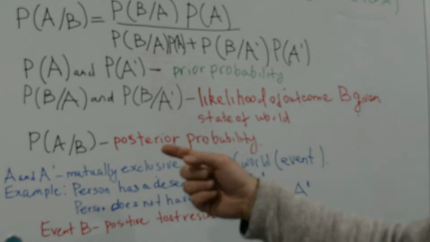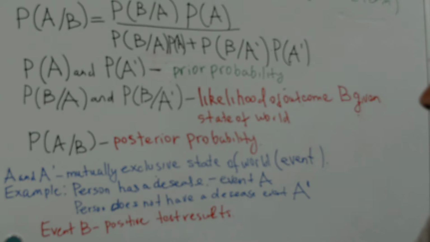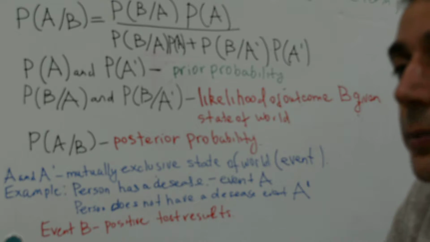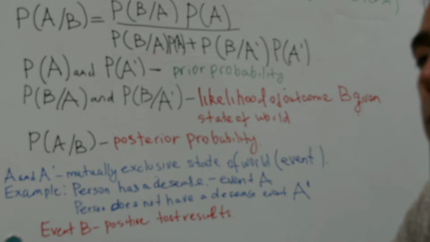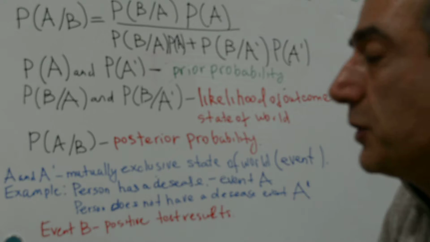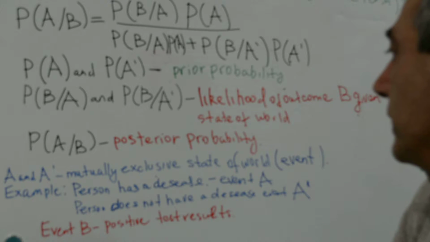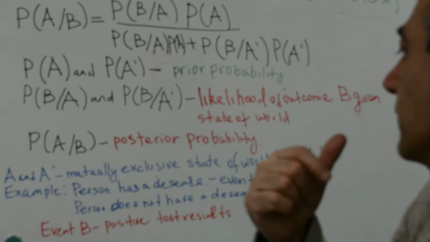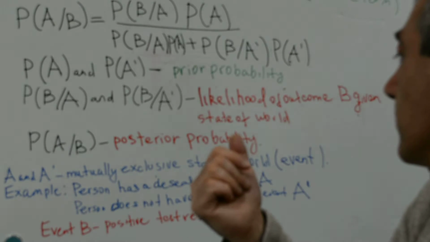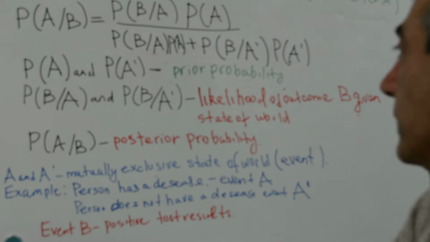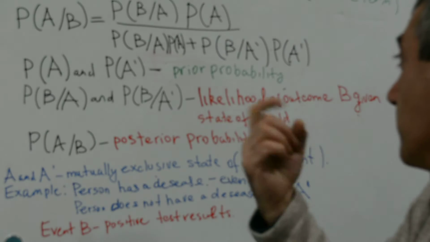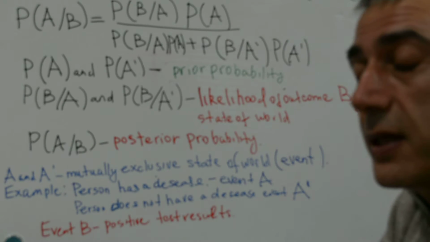The likelihood of the outcome given the state of the world in this case is that experiment based on which we obtain information. What is the probability that positive test results came given a person has a disease, and positive test results were obtained given a person doesn't have a disease?